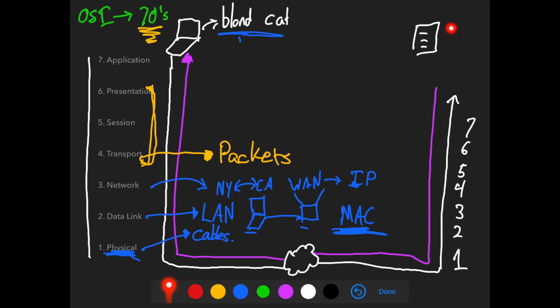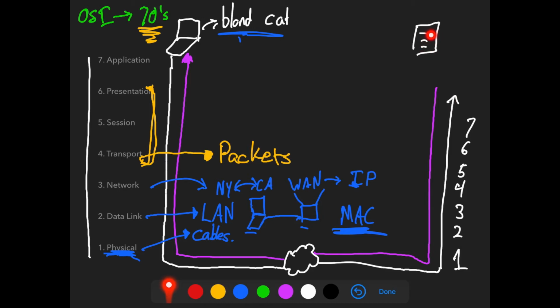So now imagine that the blonde cat photo that I have here is a million bits long, and you requested that photo. Now when internet traffic is sent over with a TCP connection, your computer will do something called error checking.